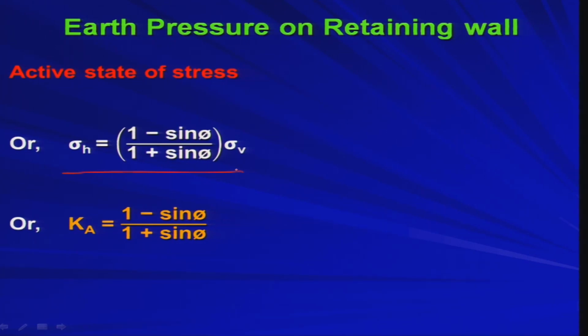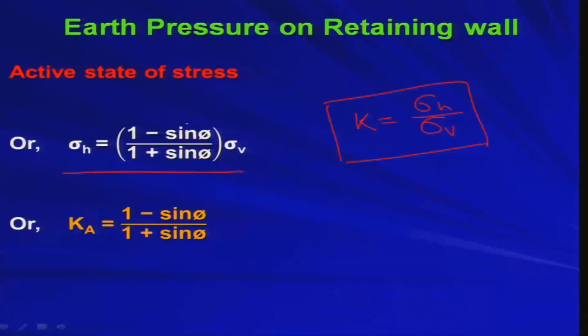Now, if you see this relation, in any situation the earth pressure coefficient is nothing but sigma h by sigma v. This relation is valid for all kinds of state of stress, whether it is active, passive, or at rest, whatever may be the case. So, k is nothing but sigma h by sigma v.